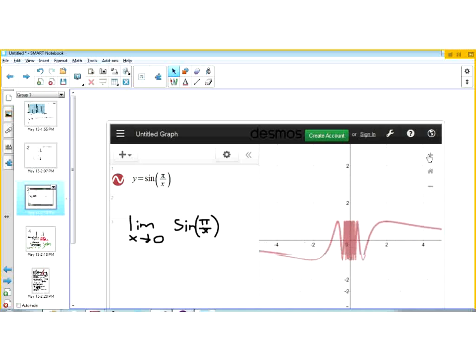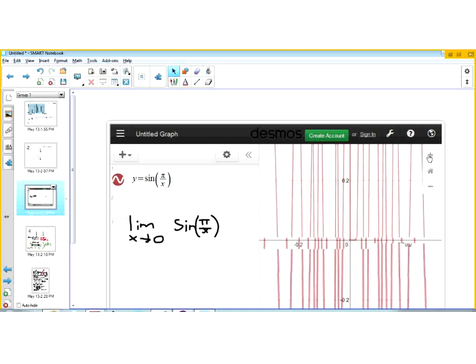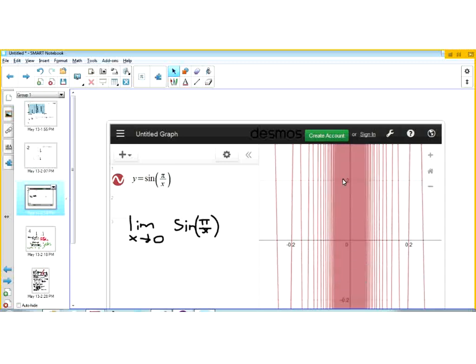We can trace along the curve as we zoom in. But look what happens as we zoom in. The graph is actually a pretty solid fill. There's nothing here to grab hold of to trace the graph. And that's because as we get closer to 0, the output of this function ranges very erratically from -1 to 1. And that's what this solid fill is indicating.